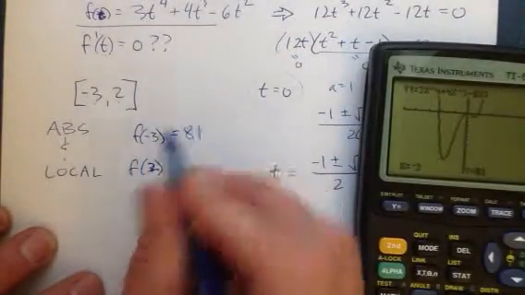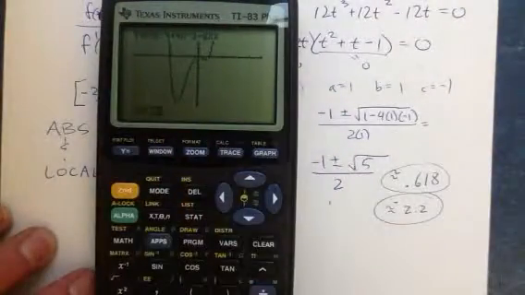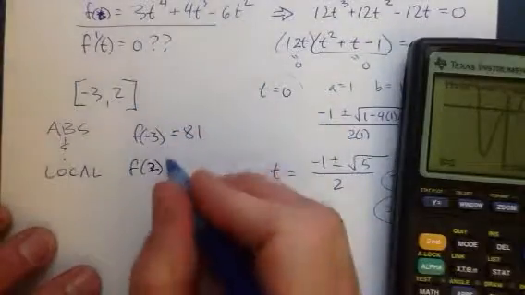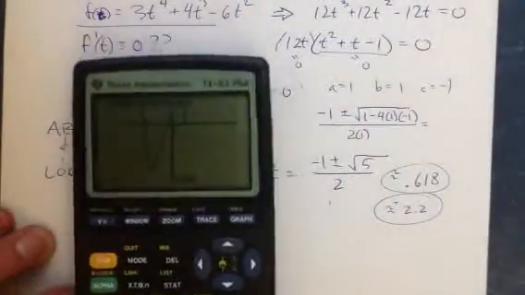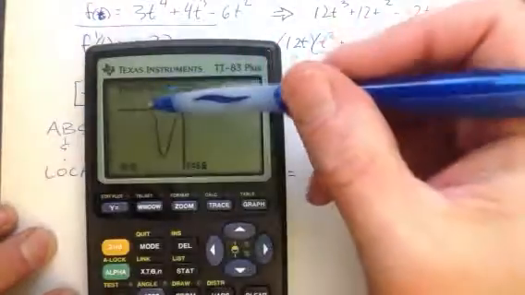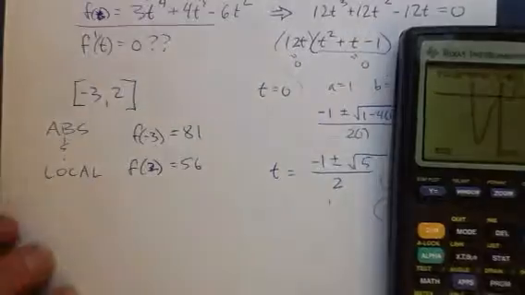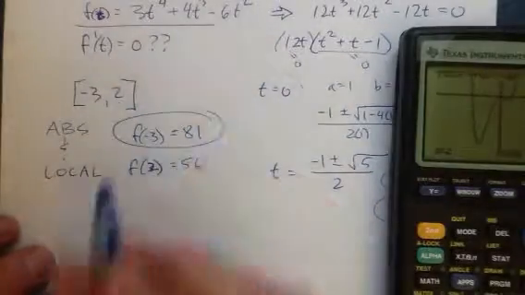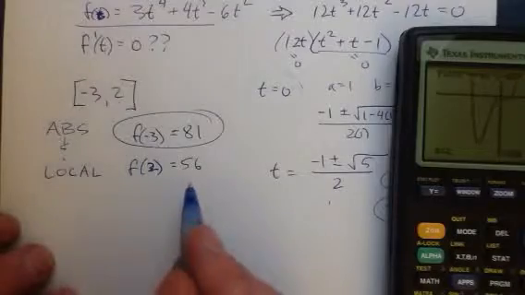I can definitely do it longhand, but this is pretty easy. And if I type in 2, hit enter, I get 56. So on the left-hand side, it goes up to 81. On this side, it only goes up to 56.